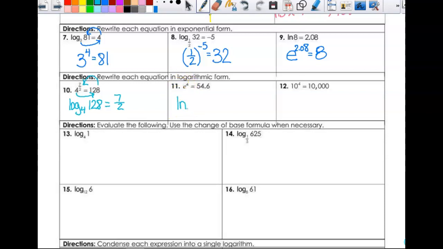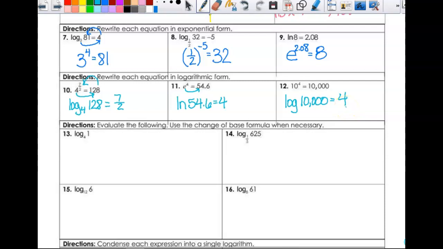And again, this is a lowercase l and a lowercase n. It is not an I. It's not "in". It's natural log. All right, so natural log, and you go around of 54.6 equals 4. Then here, the base here, log base 10. You don't actually write the base. It's just the log of 10,000 equals 4.